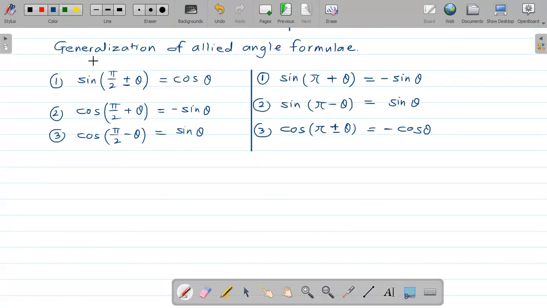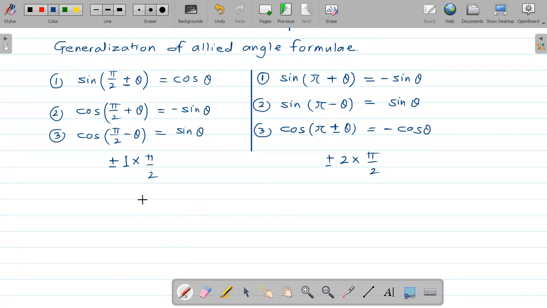For the generalization of allied angle formulae, let us recall all the formulae. Here the multiple of pi by 2 is either plus or minus 1, and here the multiple of pi by 2 is plus or minus 2. Actually it is plus or minus 1 into pi by 2, and here it is plus or minus 2 into pi by 2.